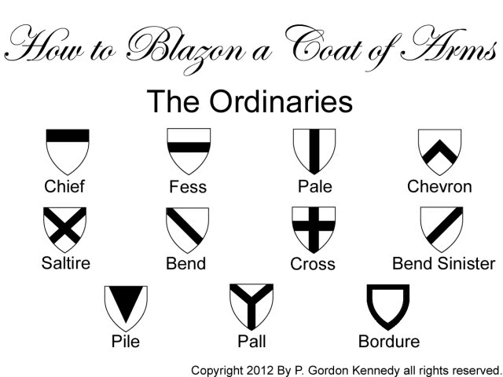The pile, which is a large triangle pointing down from the top of the shield, the pal, which is a Y-shaped symbol on the shield, and the border, which is a border around the edge of the shield.